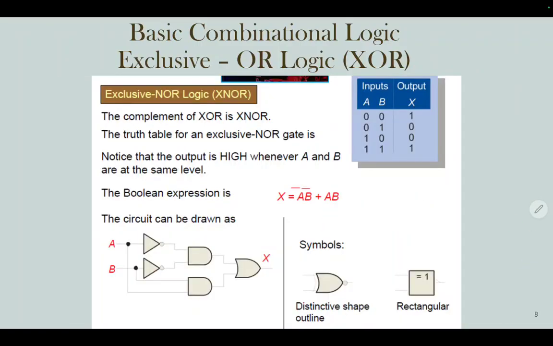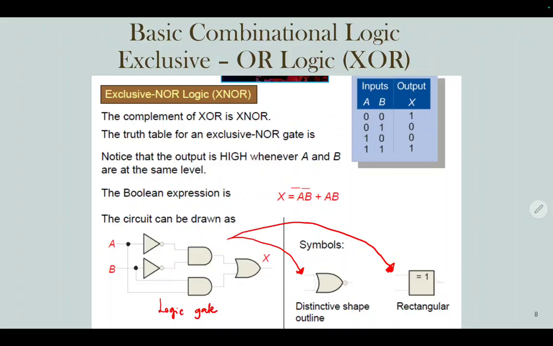Next is basic combinational logic, exclusive OR logic, XOR. This one can be represented by this logic gate, where you can have 2 inverters, 2 AND gates, and 1 OR gate. Also, this circuit is equal to this circuit and equal to this one.